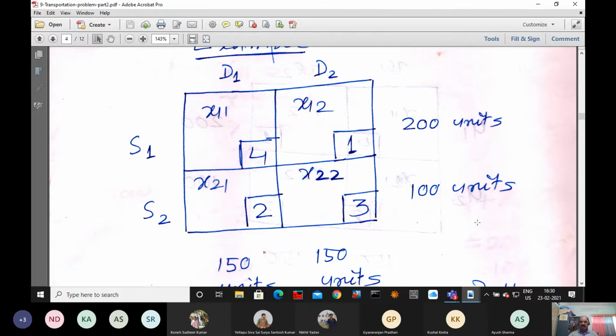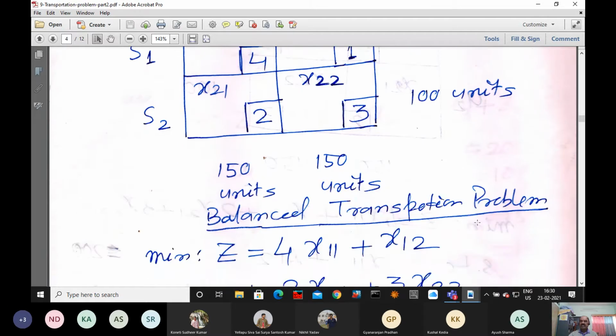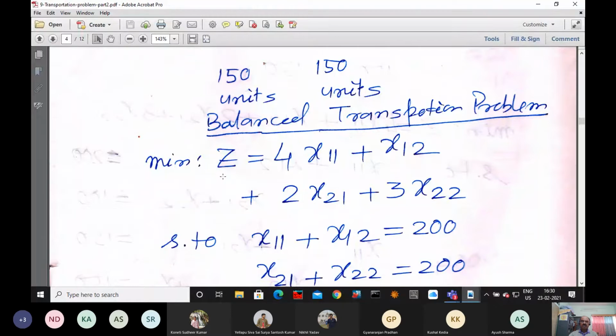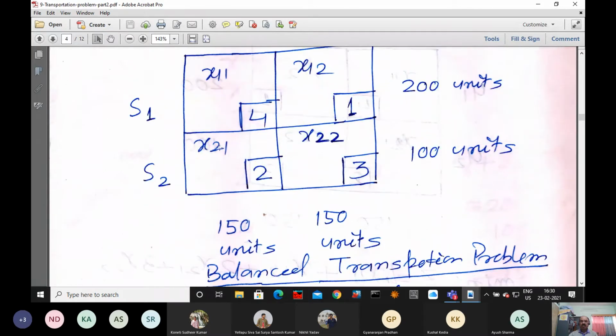Now, see this problem mathematically, how to write? So this is a balanced transportation problem. We write in this form. Minimize z equal to 4x11 plus x12 plus 2x21 plus 3x22. That is, 4 into x11, 1 into x12, 2 into x21 plus 3 into x22.